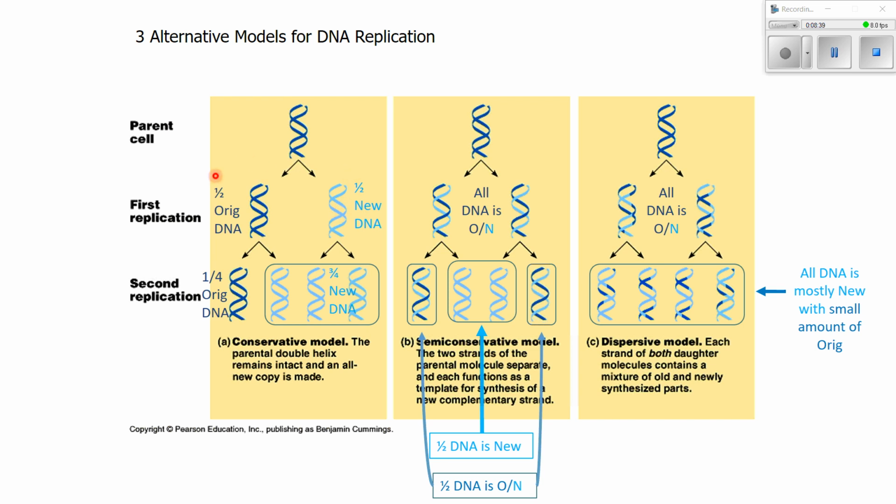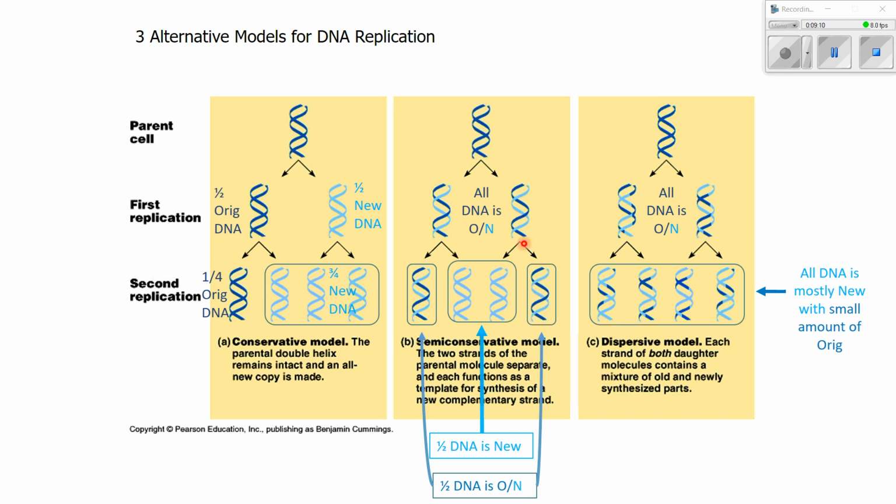So if I look at all of the DNA now, exactly half of it is old and exactly half of it is new. And then if I copy again, I've still got my original. So 1/4 of my DNA at this point is that old original double-stranded molecule. But I've got 3/4 or 3 newer double-stranded DNAs.